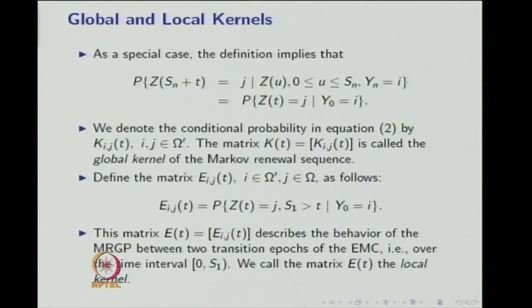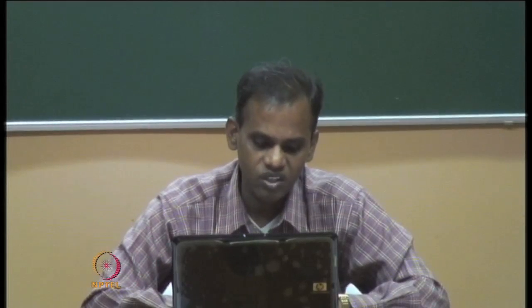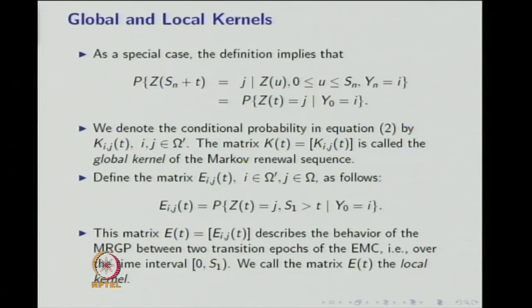The way we discussed the semi-Markov process with the transition probability matrix and the sojourn time distribution, here we have to explain the global kernel and the local kernel. So, that we are going to discuss now. We denote the conditional probability in equation number 2 by K_ij(t).